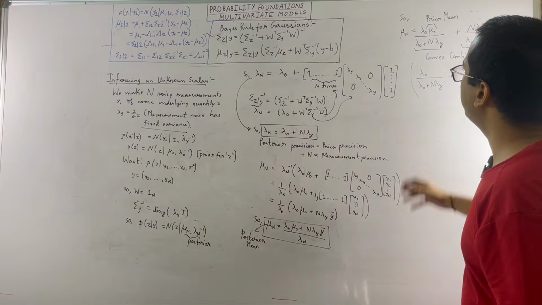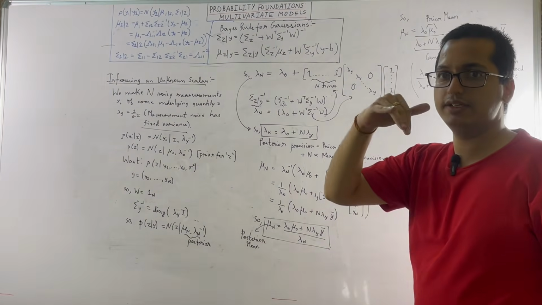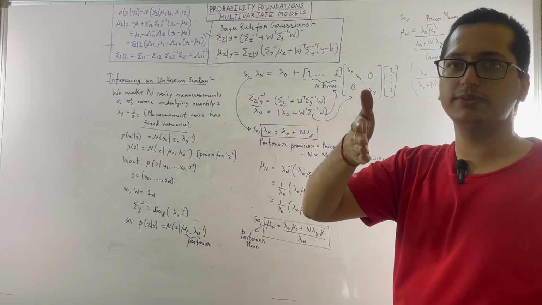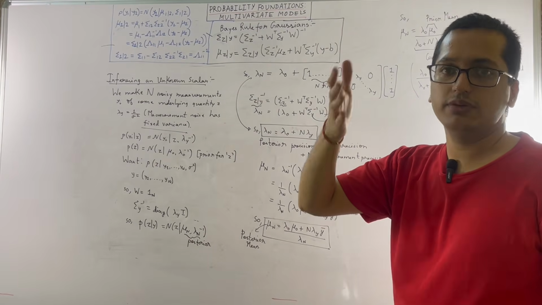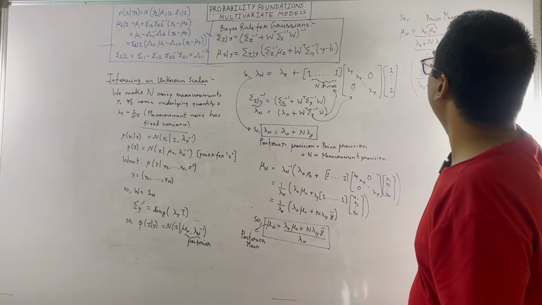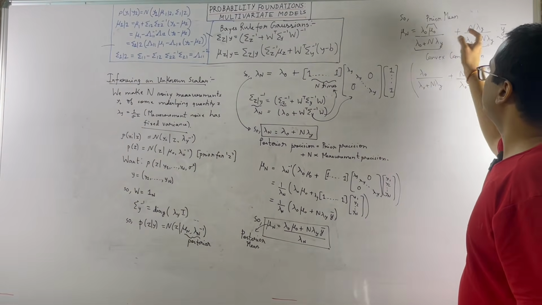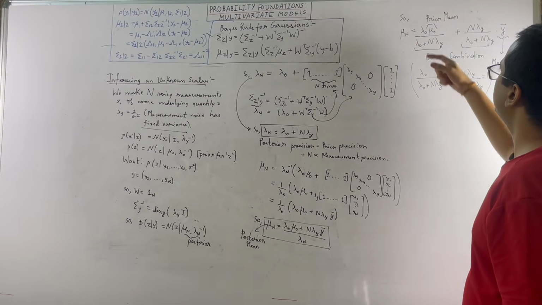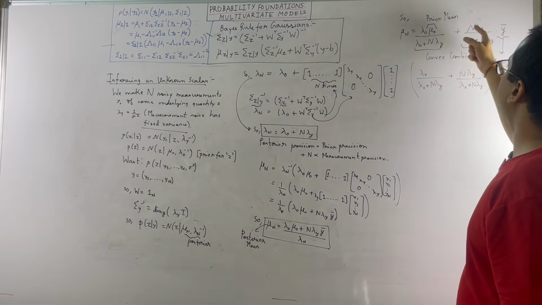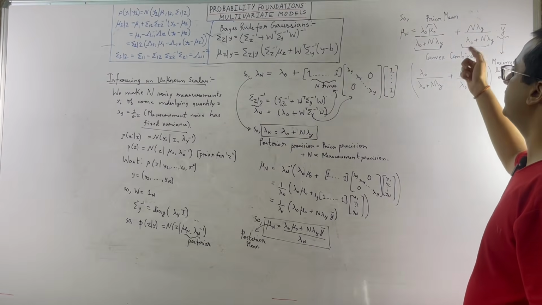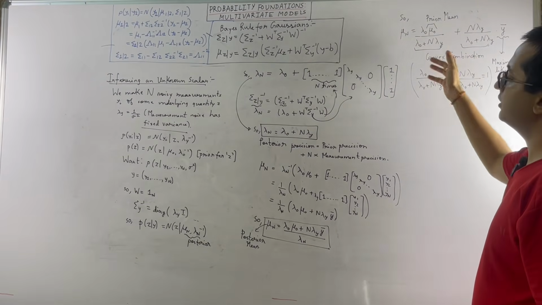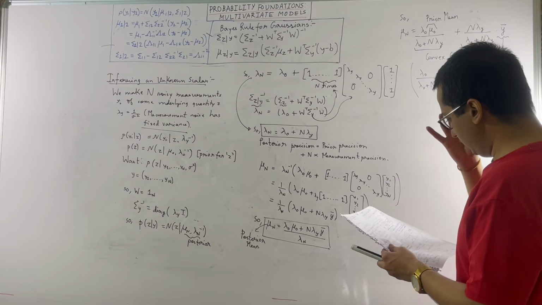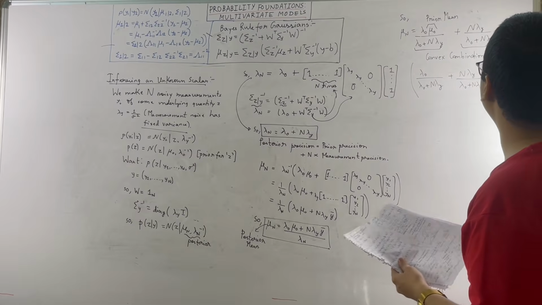How much my posterior deviates from the measurement, or whether it will be closer to the prior, will depend on the strength of the precisions of the prior and the measurement precision, right? Because think this way, if lambda naught is very very large and lambda y is very very small, then of course the shift will be different, right? So we come to that. Okay, so this is a compromise.